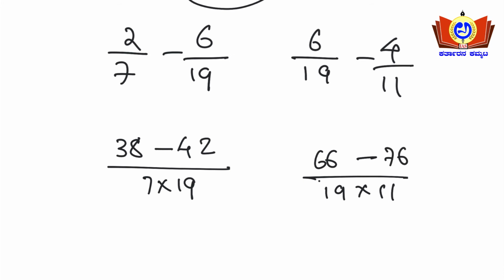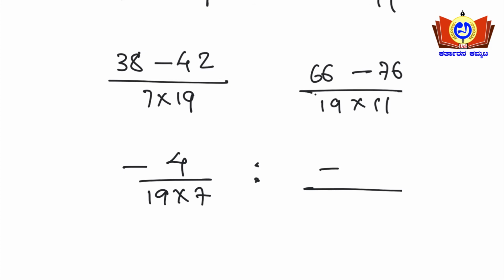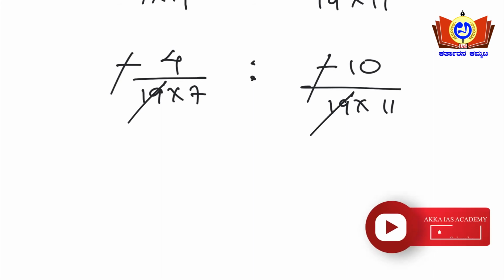And 38 minus 42 is minus 4 upon 19 into 7, and 66 minus 76 is minus 10 upon 19 into 11. So the minus and minus get cancelled. 4/19 into 7 is to 10/19 into 11. This can be further simplified, right? The 19 and 19 get cancelled, and 4 and 10 is there.